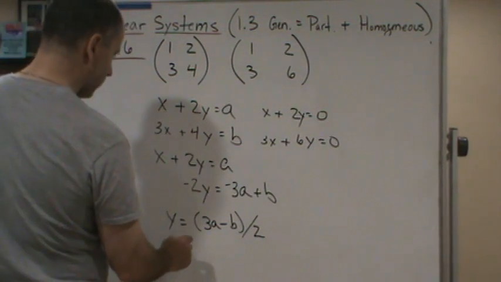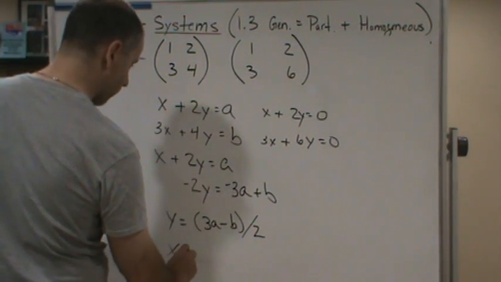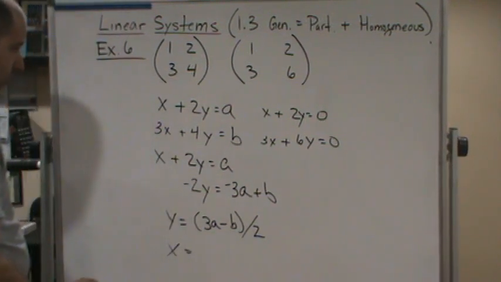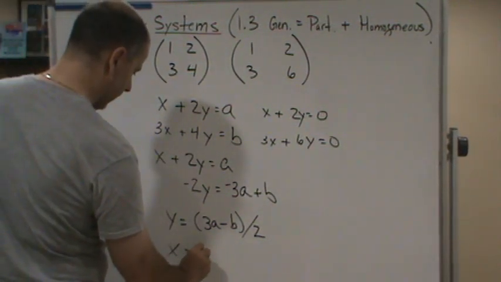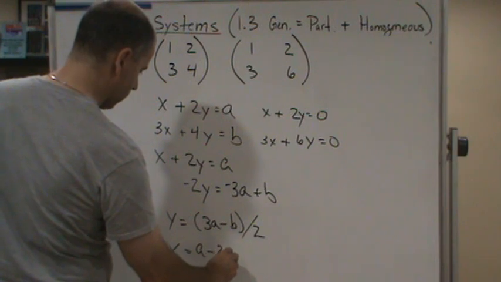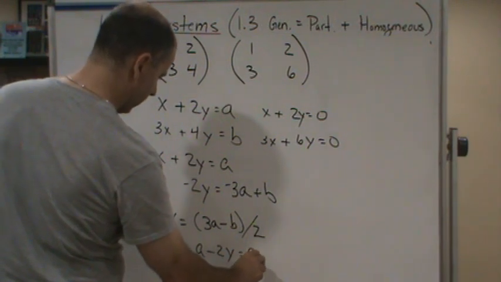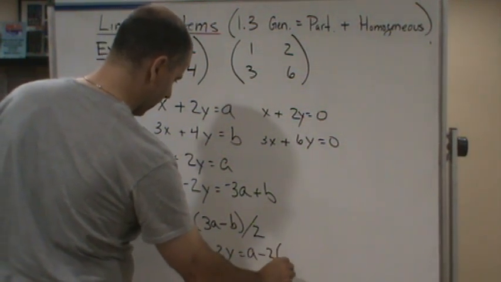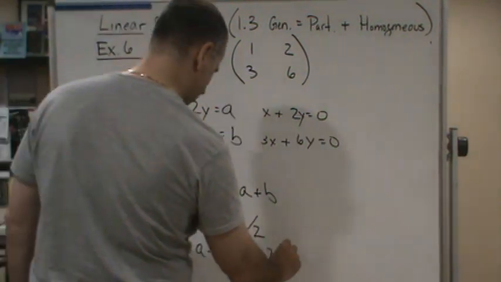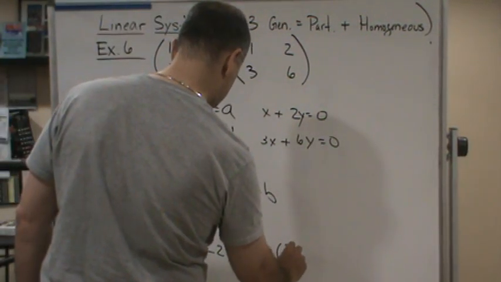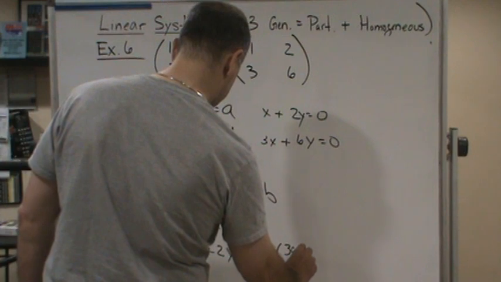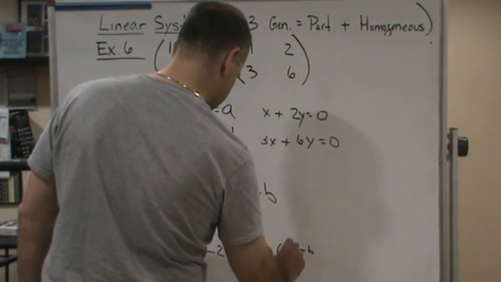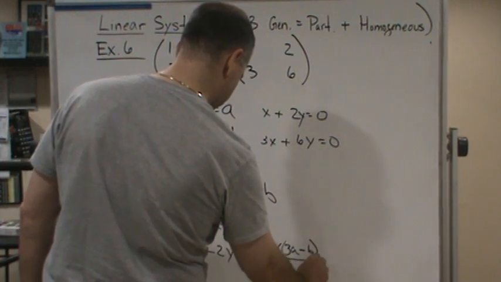And then of course x is going to equal a minus 2y, which is going to equal a minus 2 times the quantity 3a minus b divided by 2.